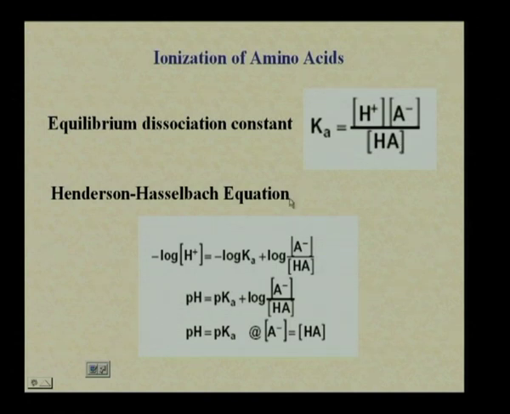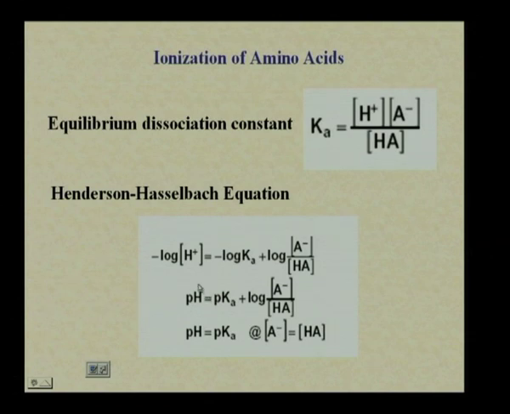Now, you all studied about buffers, where we are looking at what is called the Henderson-Hasselbalch equation. What is that equation? You basically rearrange the expression, and we write it in such a manner that we get the H plus on the left hand side, right. And I know that the negative logarithm of the hydrogen ion concentration corresponds to the pH.